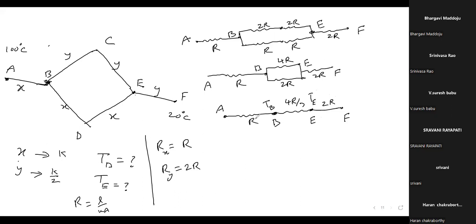Now we can write that the rate of heat will be the same through each. Temperature of A is 100.